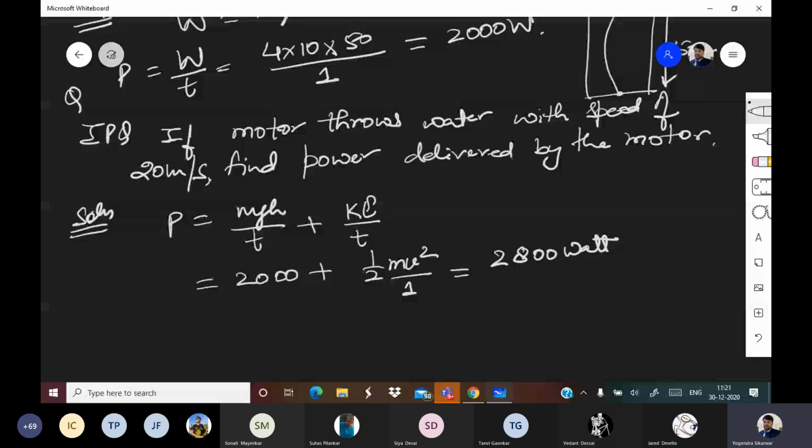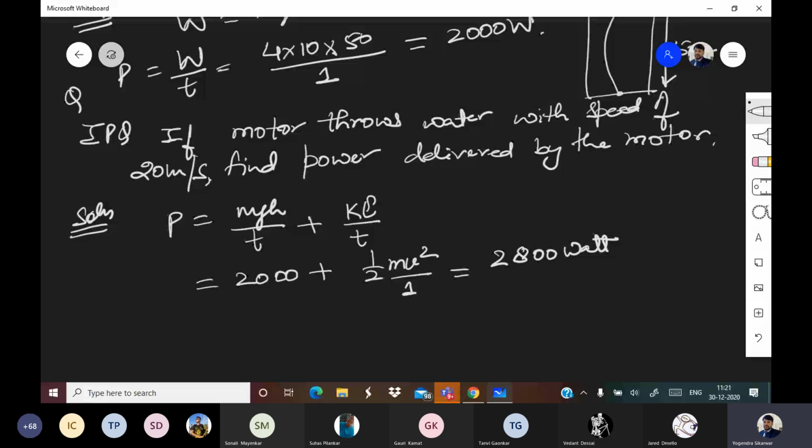Gauri is saying, sir, can we consider 20 meter as vertical distance and add to 5 meter? Which 20 meter? It is 20 meter per second, Gauri. Sir, 20 meter in 1 second. No, don't do that. Try to understand the concept.